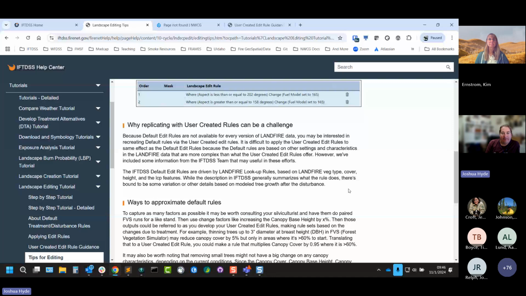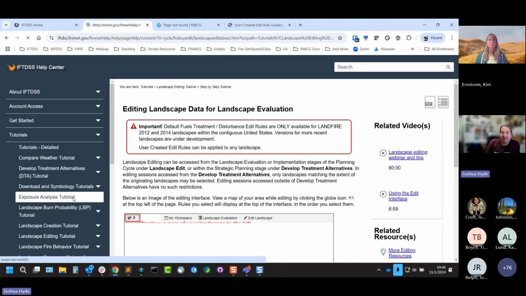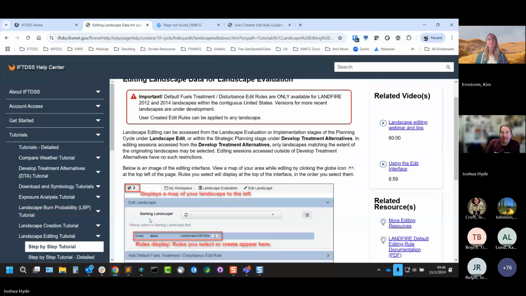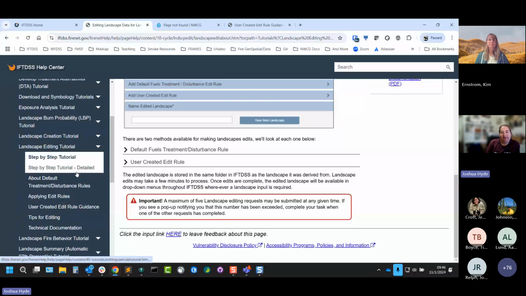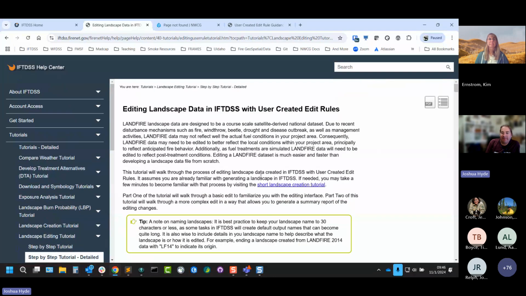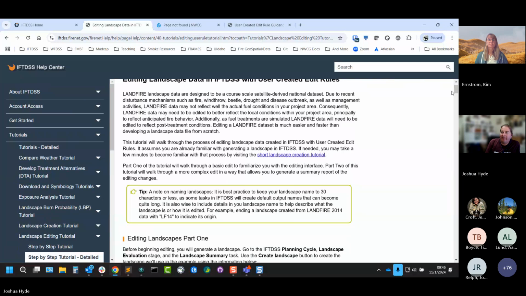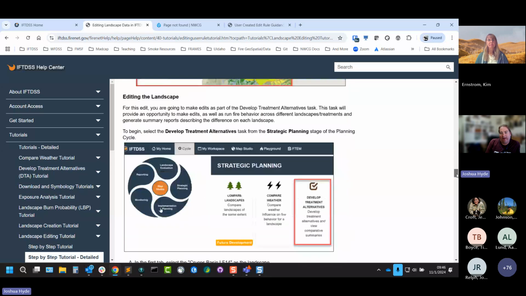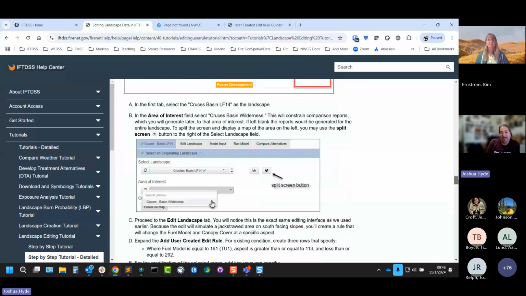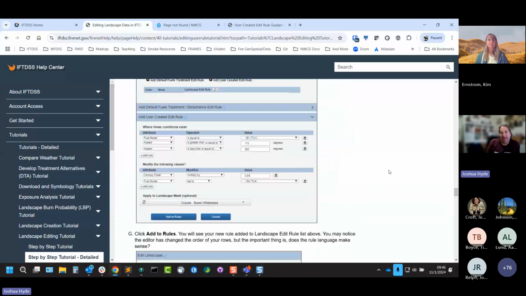And I mentioned that because I was looking last night at some of our tutorials. So we've got some step-by-step editing tutorials here. This one's just a basic button pushing tutorial. This one's a more detailed tutorial. This has some editing walkthroughs, and it'll walk through one, a simple edit, and then two, combining some of these edit rules like Kim had mentioned here.